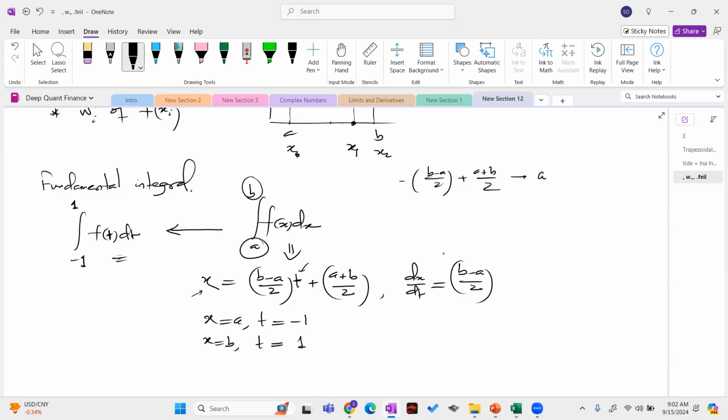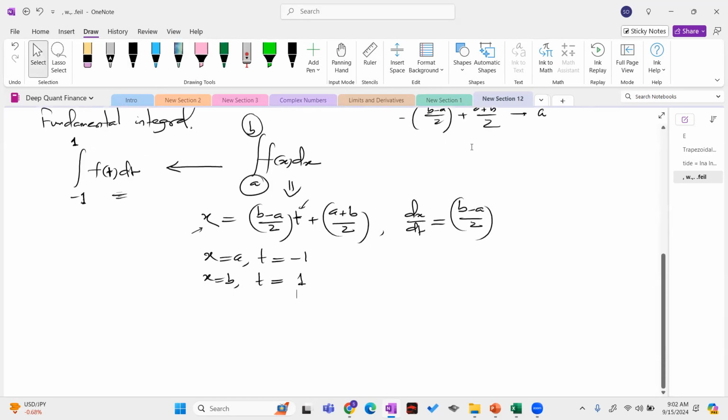So my original integral indeed became the integral of f of x, which is now this big function of t, but it's fine. It's just a function of t. It's not f(t) itself, there is t inside, and we'll look at one example.